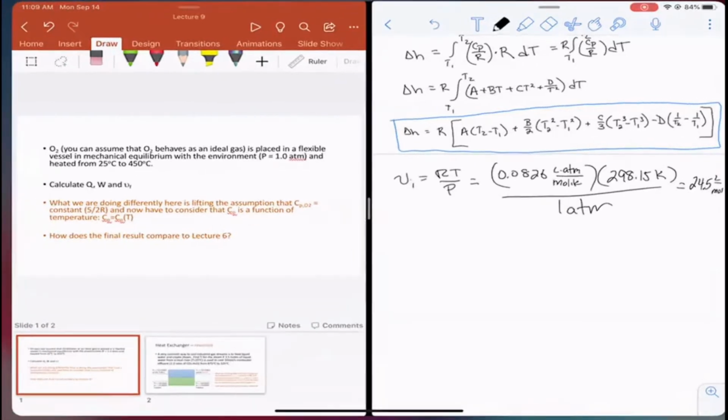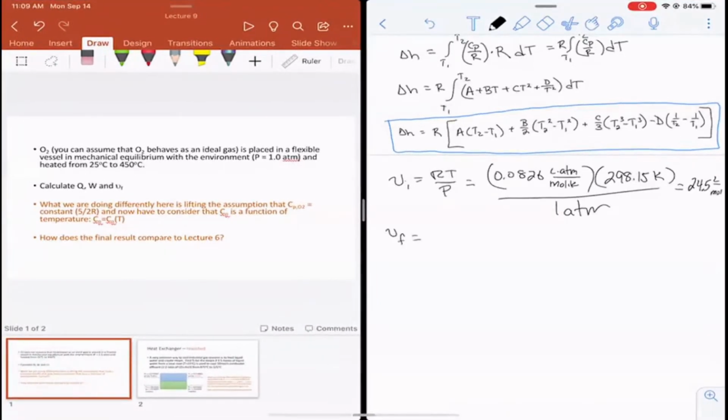And then we calculated the final volume. And because the pressure is equal to a constant, right, we have that P final V final over P initial times the initial specific volume is R T final over R T initial. So right, those cancel.